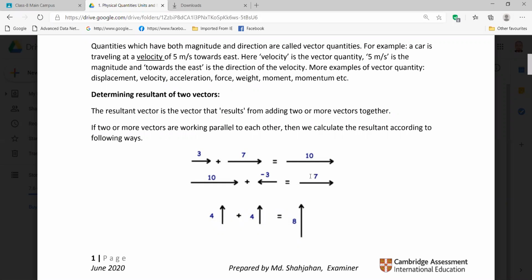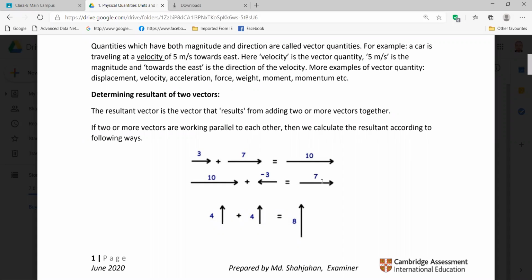For scalar, wherever it is, the direction, for scalar, you are always adding. If you are having addition, that means 10 plus 3 is always 13. You are not having any negative sign there.